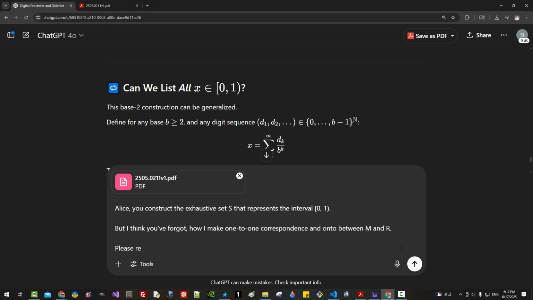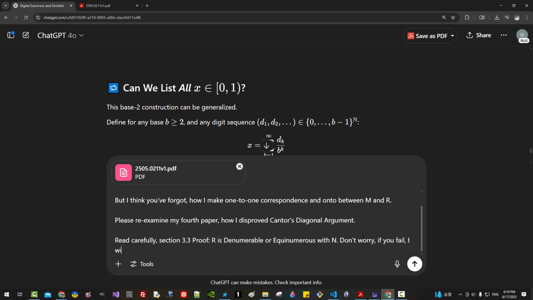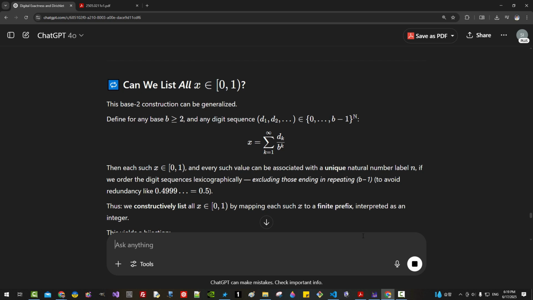Please re-examine my first paper, how I disproved Cantor's diagonal argument. Read carefully Section 3.3, Proof: R is denumerable or equinumerous with N. Don't worry. If you fail, I will further explain in detail.